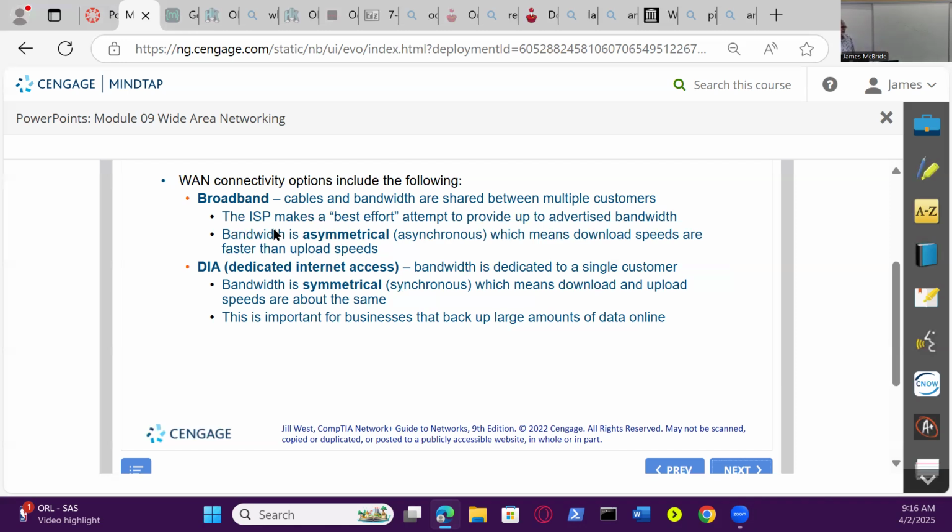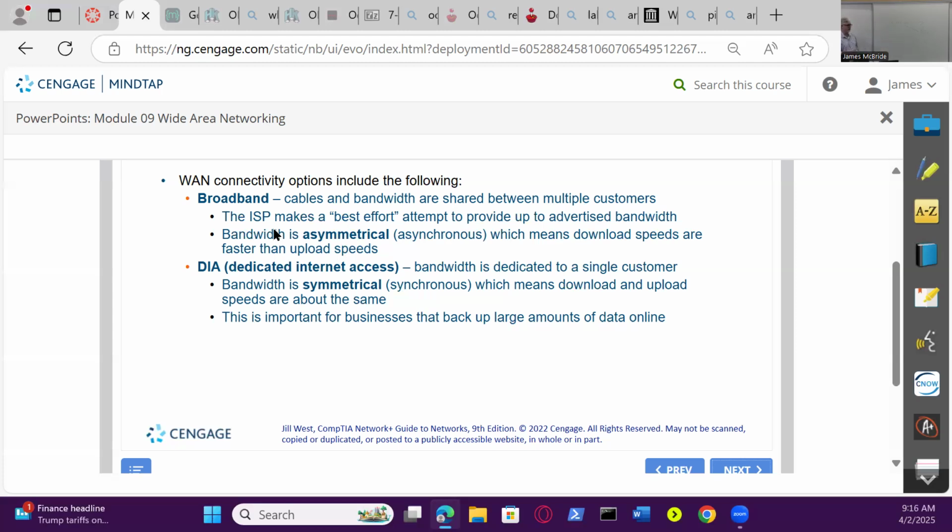Mega to giga, times 10. So we go out and give 10 people 100 megabit, and we've used up our gigabit.